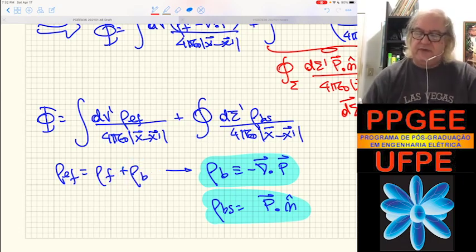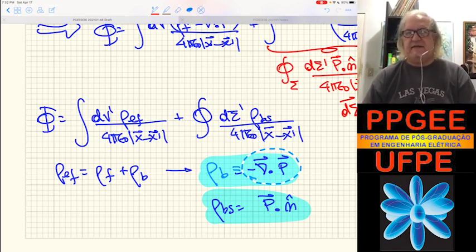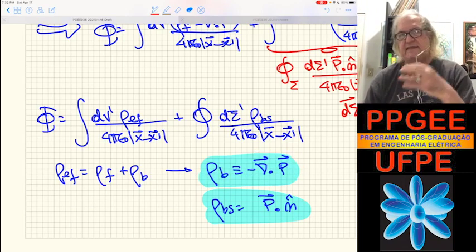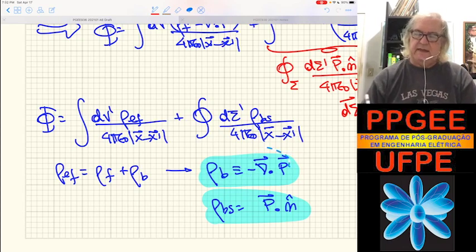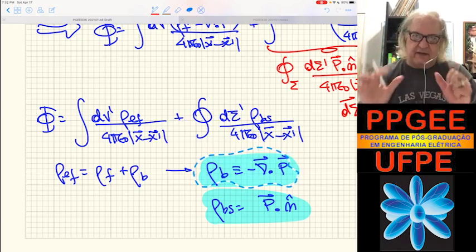The bound charge contribution is simply minus divergence of P. So if P changes such that you have a divergence, then effectively it is as if you had a volume charge density due to the bound charges, okay?